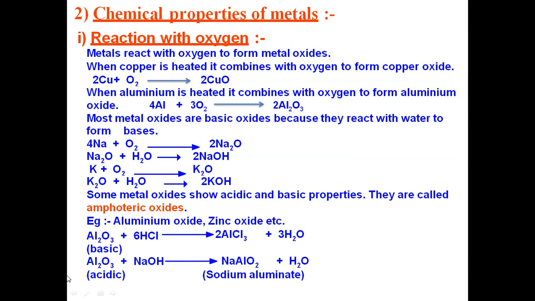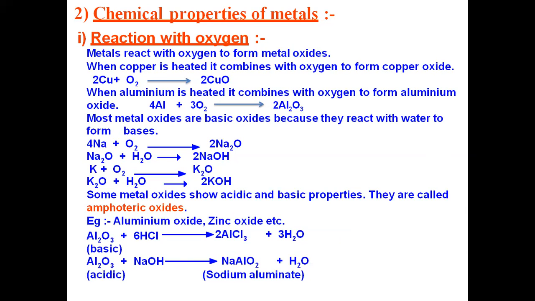Similarly, since aluminium oxide combines with sodium hydroxide to give a salt called sodium aluminate, that salt formation indicates that it combines with the base as an acid. So aluminium oxide can show both acidic property as well as basic property, and together we call it the amphoteric property.